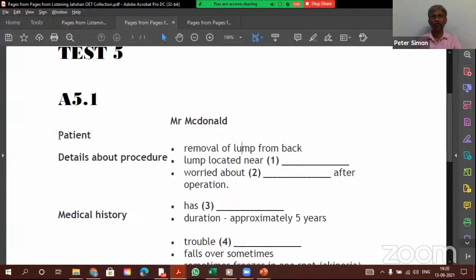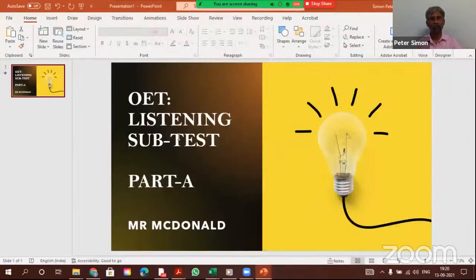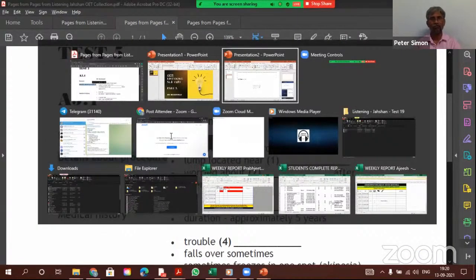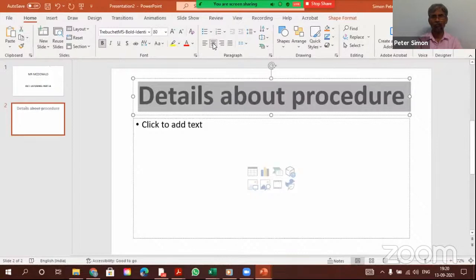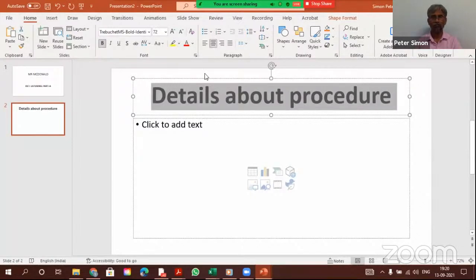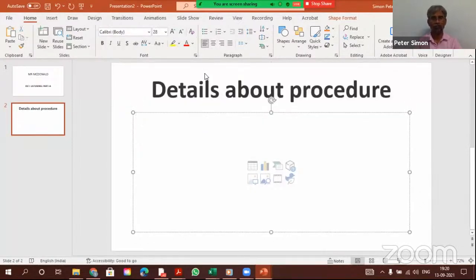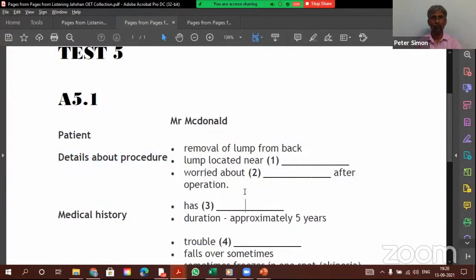So the name of the patient is Mr. Mcdonald. Details about procedure. One, two, and three.